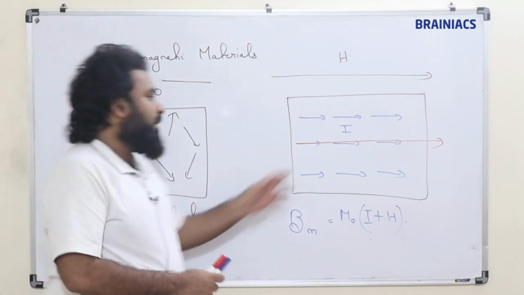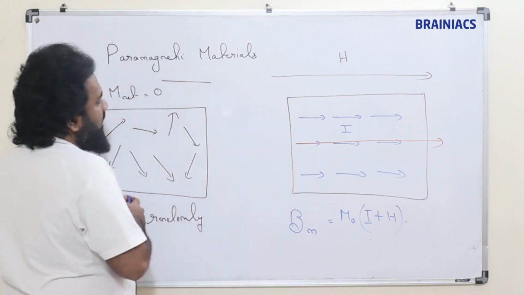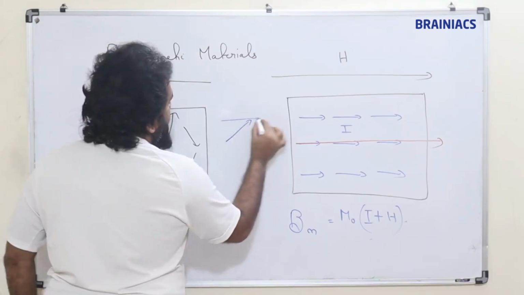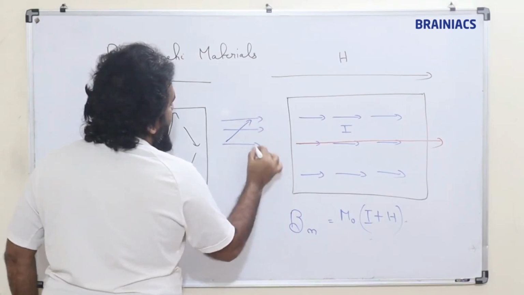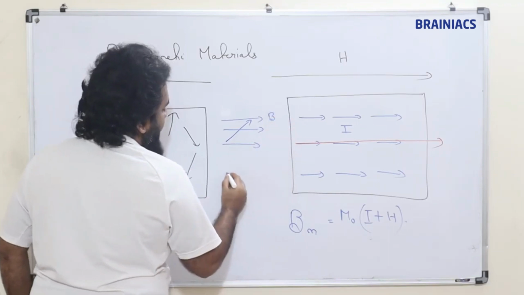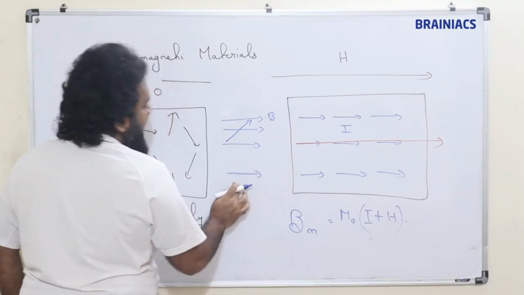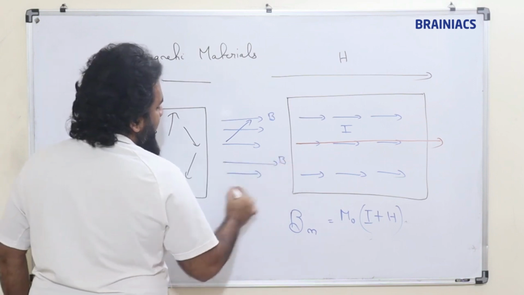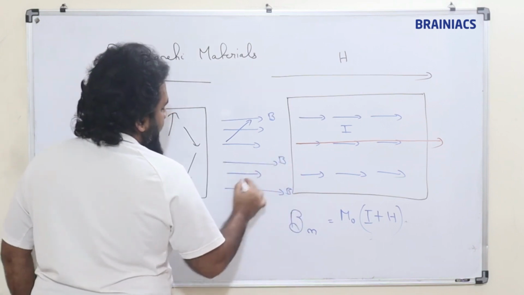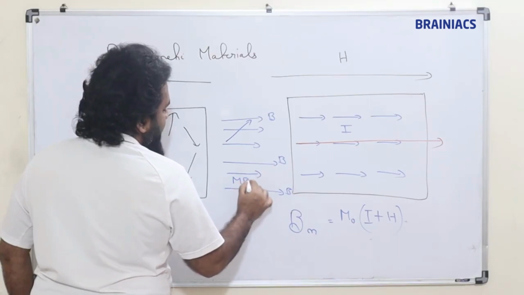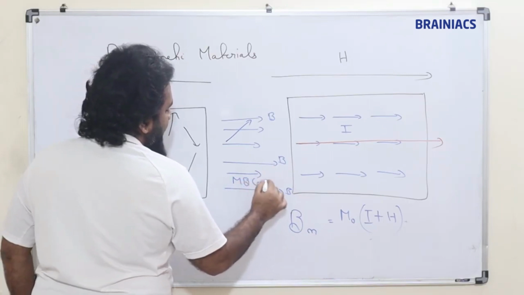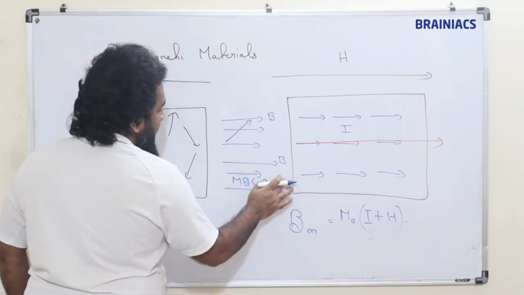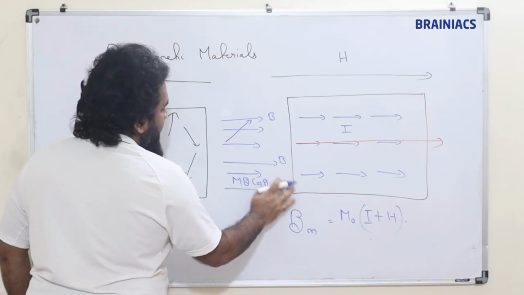Okay, so why is this happening? Suppose there is a magnetic dipole in this direction, and a magnetic field in this direction. This will align the magnetic dipole in the direction of the field. So what is the potential energy here? It is minus mB cos theta, which becomes negative, actually.